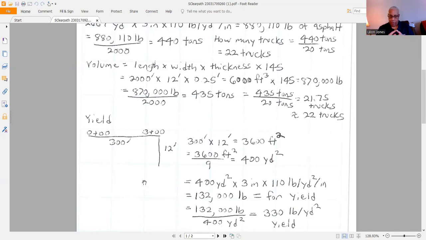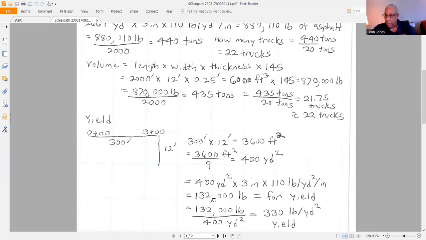Well, very simple. I'm going to take my 400 square yards multiplied by 3 inches by basically 1 inch. 1 inch is 110 pounds per square yard per inch. And I come up with 132,000 pounds because you have to come up with the total weight first before you can actually do the yield.